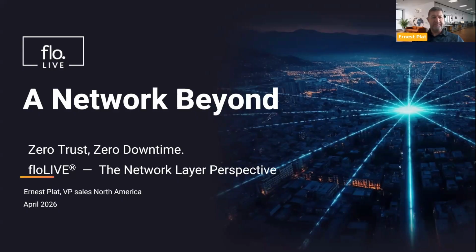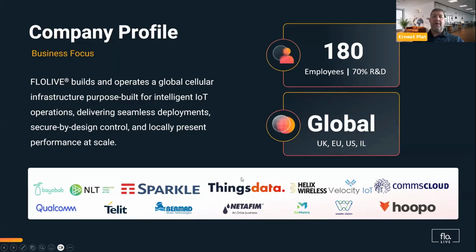Next slide, please. A little bit about our company profile. We have 180 folks worldwide, with 70% of that in R&D. So this is going to be a really product-focused company. What we do is we provide and operate a global cellular infrastructure purpose-built for intelligent IoT operations.